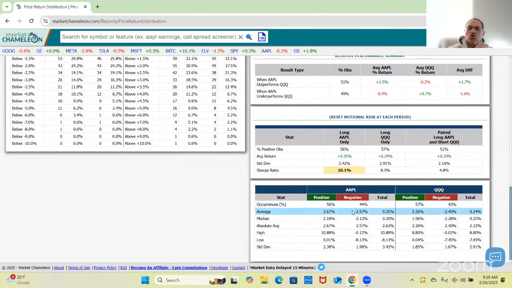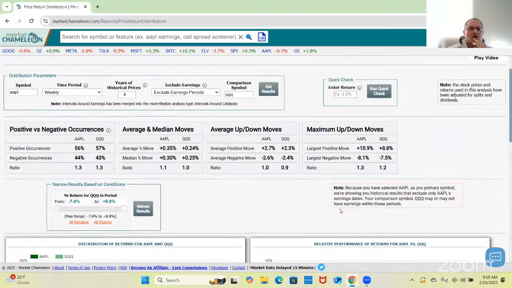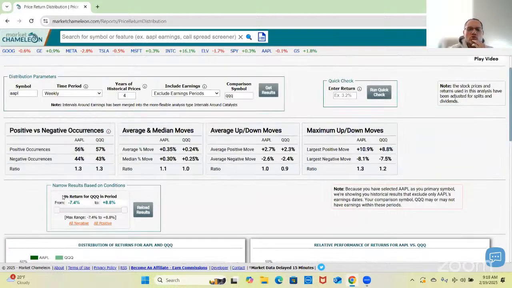So what if we wanted to look at the returns, and we're really interested to see, well, if something happens historically in QQQ, how did Apple react in that same time period? Let's say I wanted to just look at positive moves in QQQ, right?